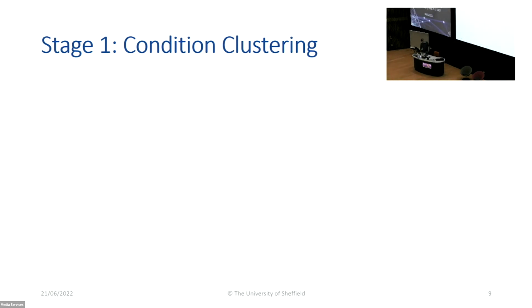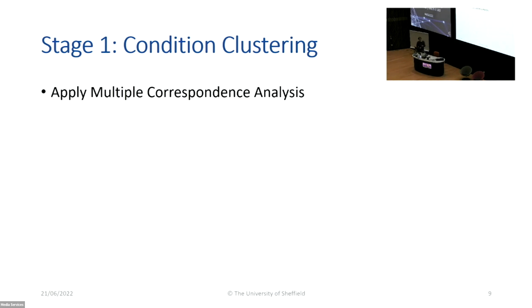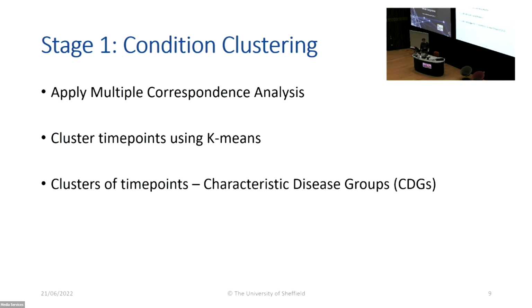In the first stage of our pipeline, we cluster conditions. We first apply multiple correspondence analysis to reduce the dimensionality of the data set and to transform the values from binary to continuous. Next, we cluster the time points using k-means, and these clusters of time points we call characteristic disease groups.